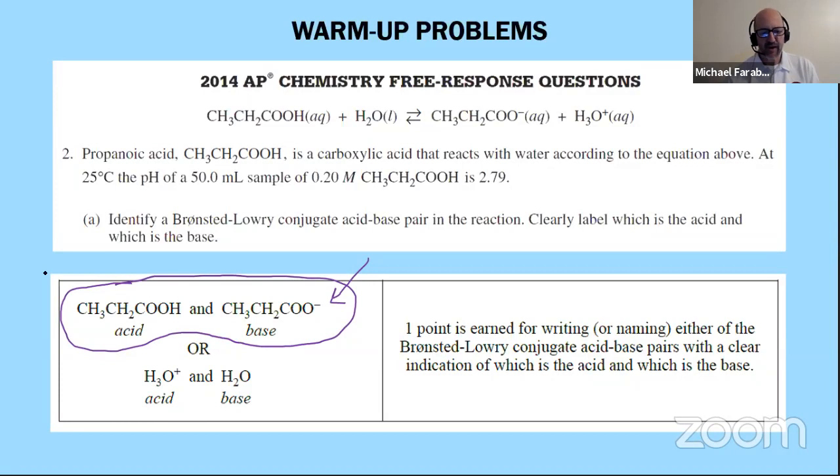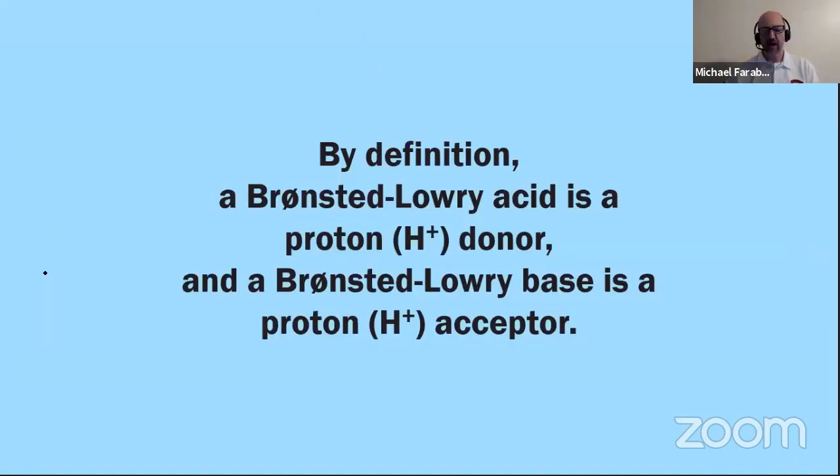And in a similar way, we have this conjugate acid base pair. Don't forget to include H3O+, include that charge. All right, well, that was an example of conjugate acid base pairs. Again, to remind you of this definition, which comes from Unit 4, Topic 4.8, a Bronsted-Lowry acid is a proton donor, and a Bronsted-Lowry base is a proton acceptor.